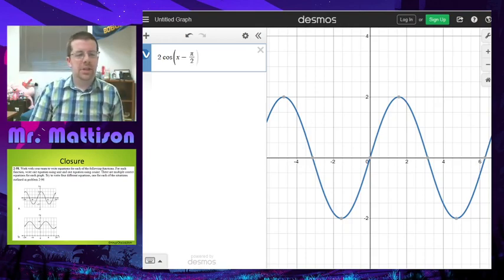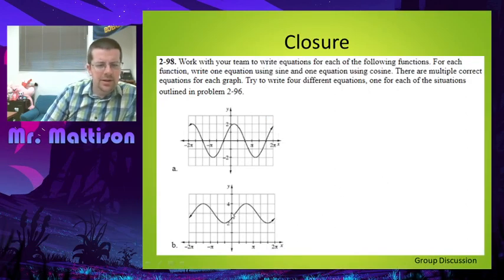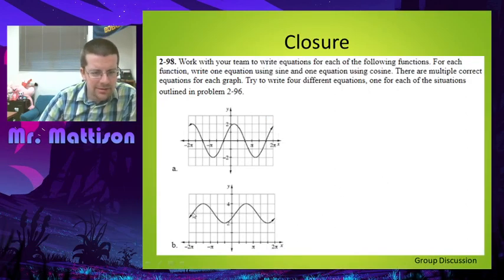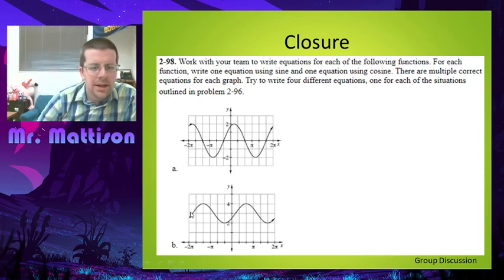All right, then the other one that we're looking at, so what do I see here? Well, I see my midline is right here, so I got shifted up 1, 2, 3. So it's going to be plus 3 on the very end, because that's how I get those vertical shifts. My amplitude is 1, because it's from 3 to 4, or 3 down to 2.